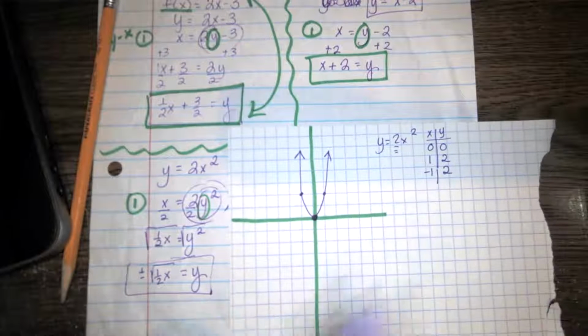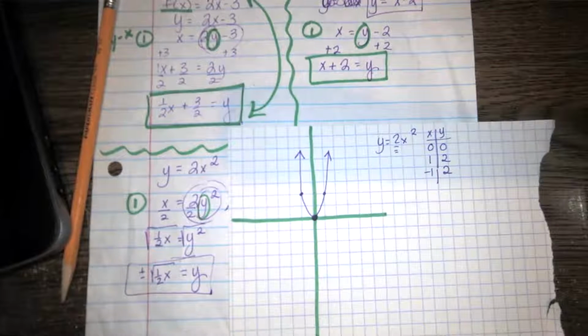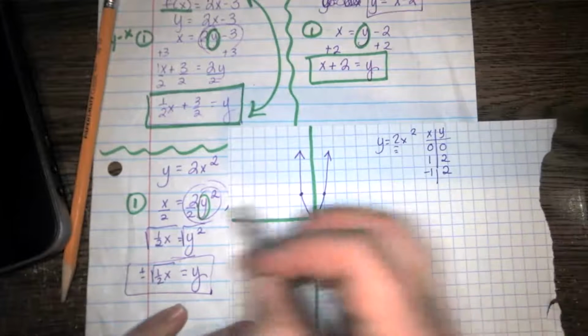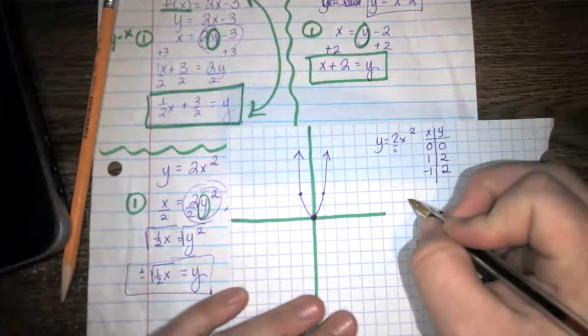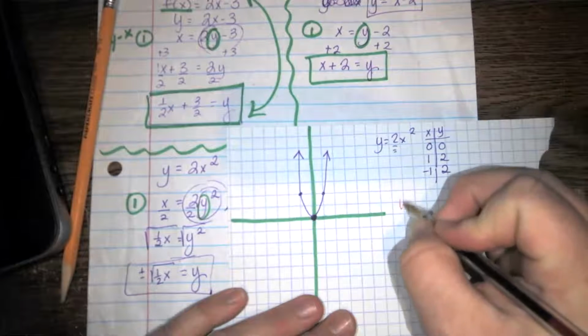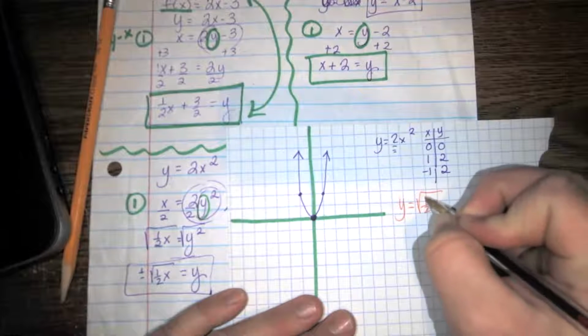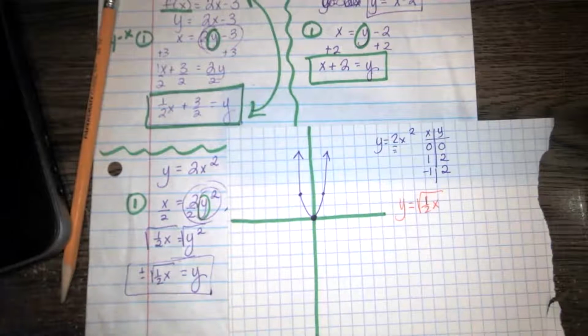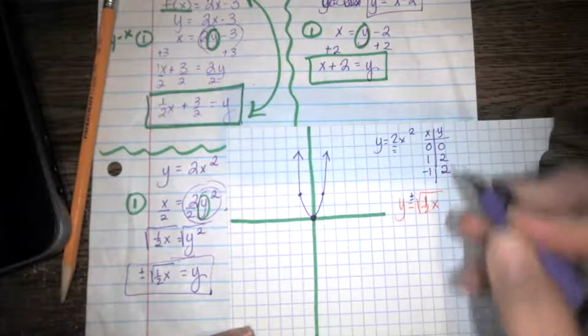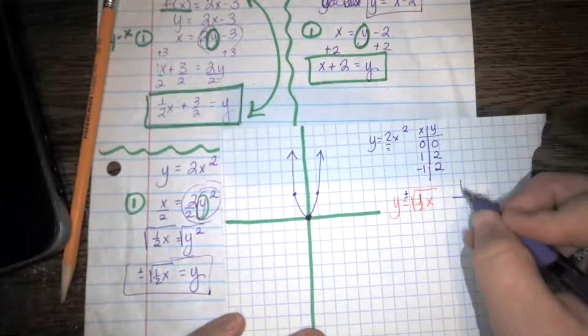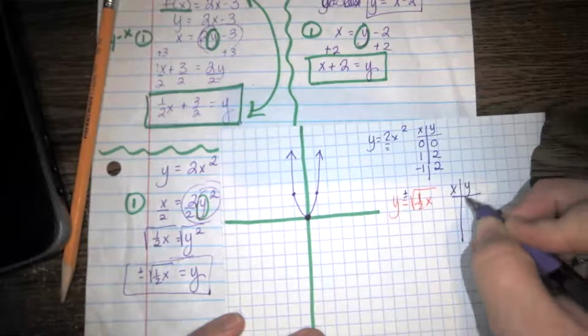Okay. Now let's think about our other piece, okay? Our other piece down here. So the y is equal to the square root of 1/2 x, okay? So let's think about that. And remember, we have a plus and a minus. So let's think about the x and y.